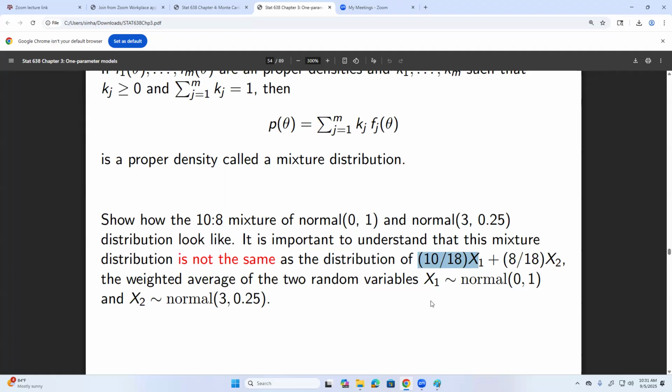What I'm showing you is just an example, clarifying some of the confusion that you may have. Suppose you have a 10:8 mixture of the two normal distributions. How does it look?